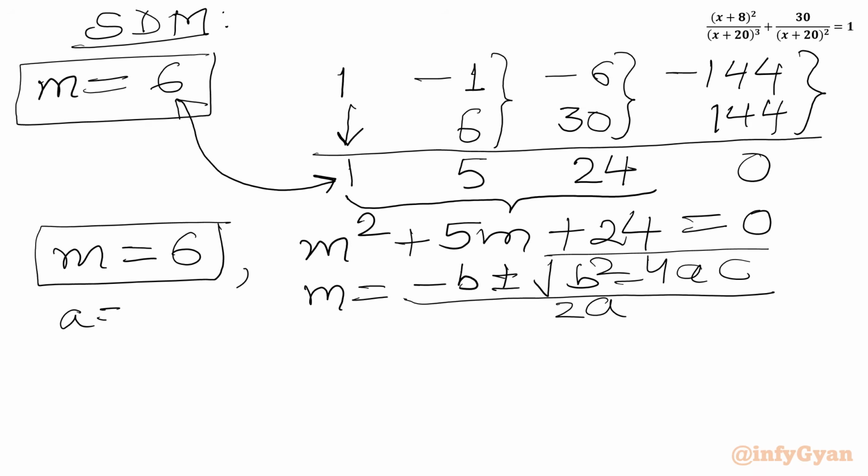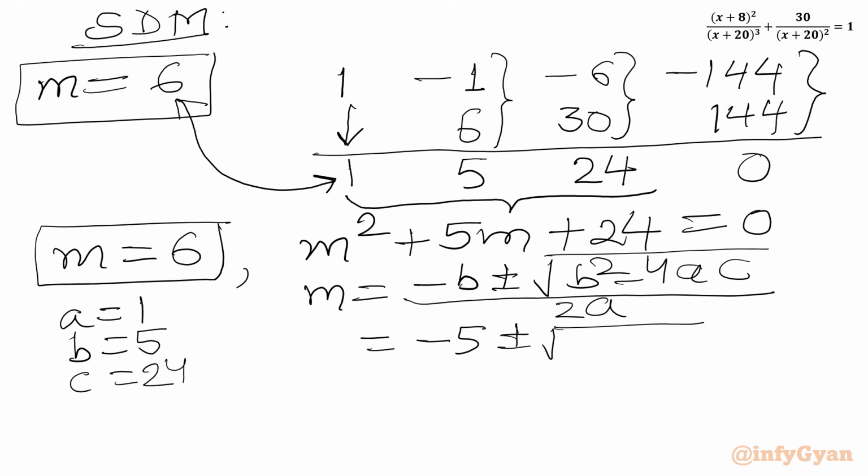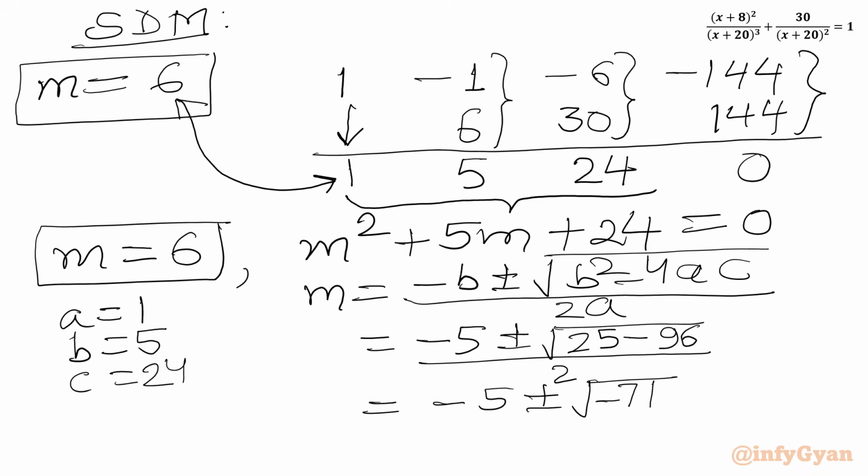Here a is 1, b is 5, c is 24. I get m equal to minus 5 plus minus square root of 25 minus 4 times 1 times 24, which is 96, over 2 times 1, which equals minus 5 plus minus square root of minus 71 over 2.